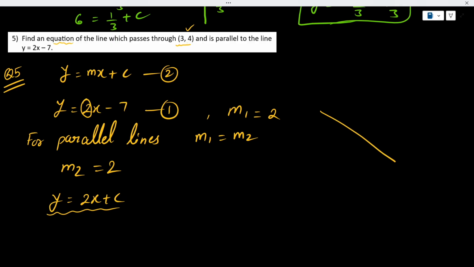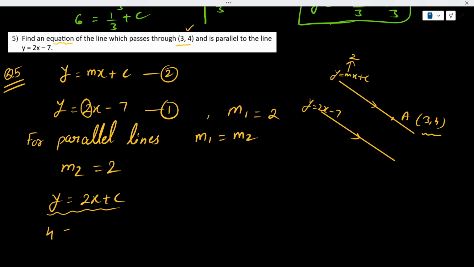So y equals to mx plus c, where m is going to be 2 because m1 equals m2, and it is passing through a point 3 comma 4, which is there in the second parallel line. That means this point is going to satisfy our equation. So I can substitute here 4 equals to 2 times 3 plus c, and c will be 4 minus 6. So c value is minus 2.